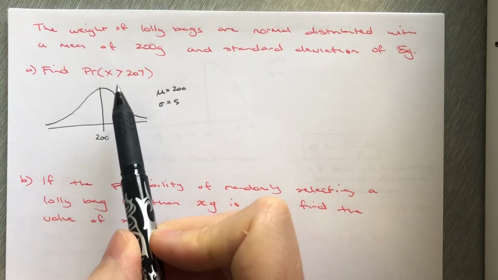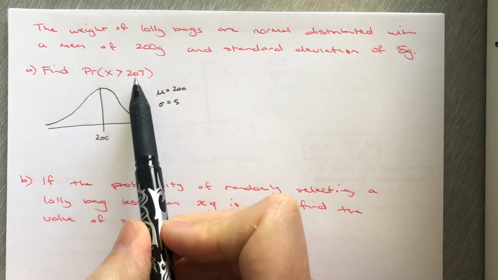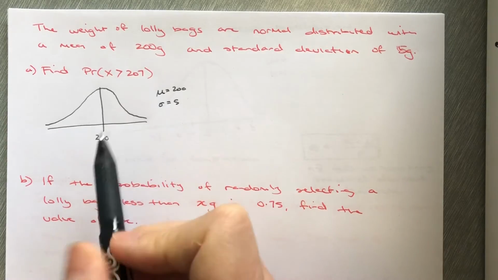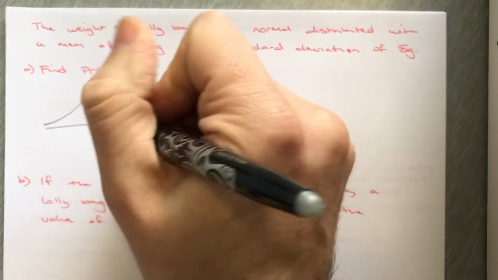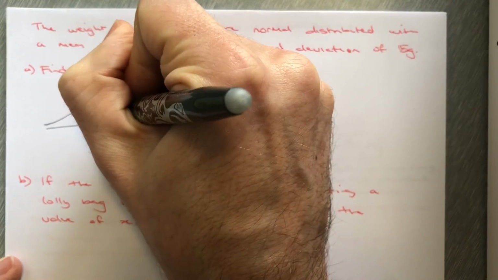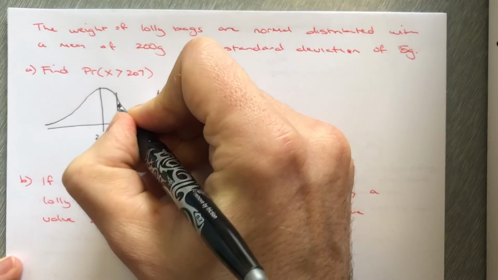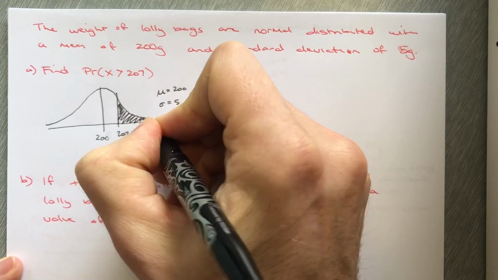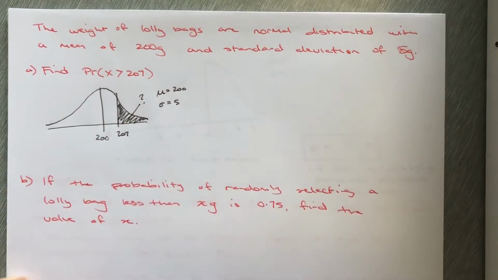Now, it's asking us to find the probability that the result is greater than 207. Now, 200's here, 207 must be a bit further up. We're trying to find this here, this shaded bit. I want that. Okay.